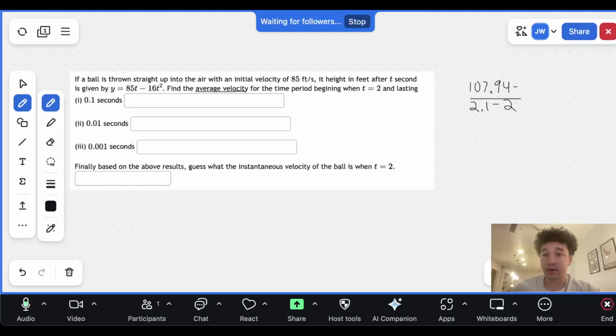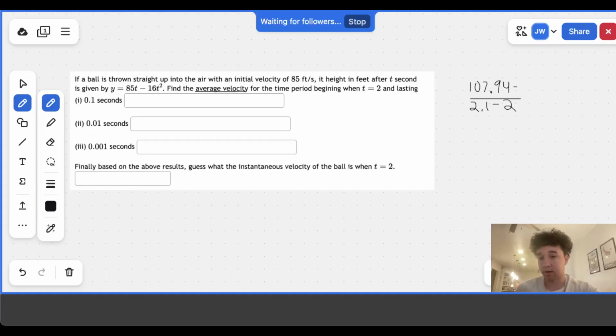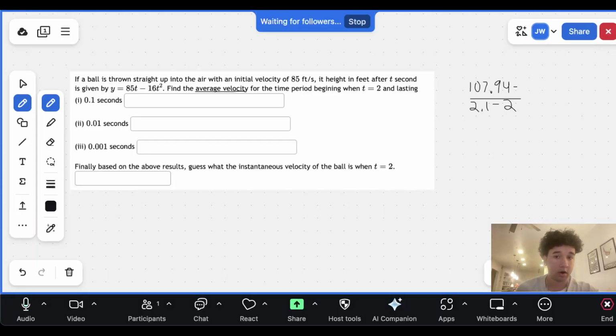And now I'm going to subtract. Again, I'm plugging in 2 here, so 85 times 2, 170, minus 2 squared is 4. 4 times 16 is 64. So minus 64. 106.